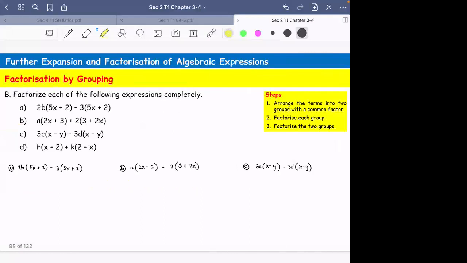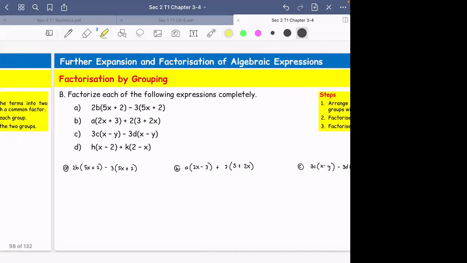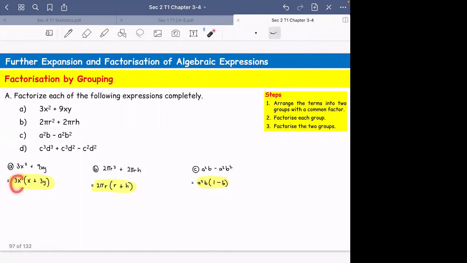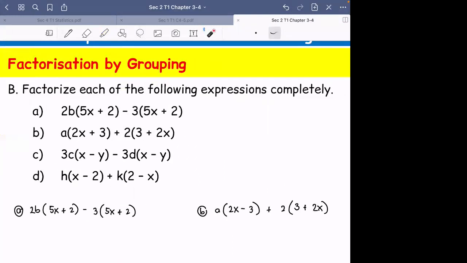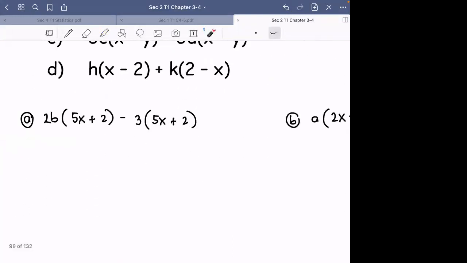Now for letter B, again, we are looking for common factor. But this time, instead of just having 3x, 2 pi r, and a squared b, our common factor now is an expression. Okay, an expression. Let's observe letter A. So you have 2b times 5x plus 2 minus 3 times 5x plus 2.